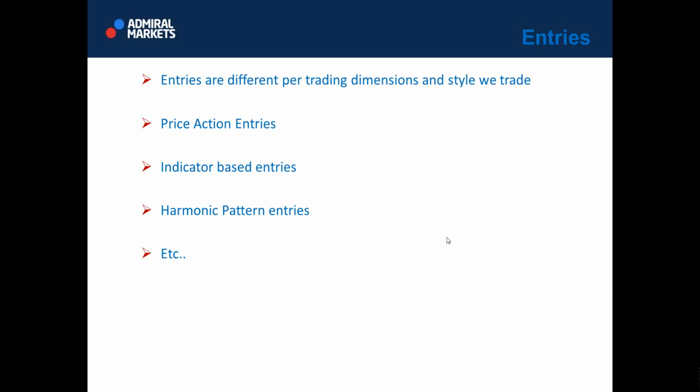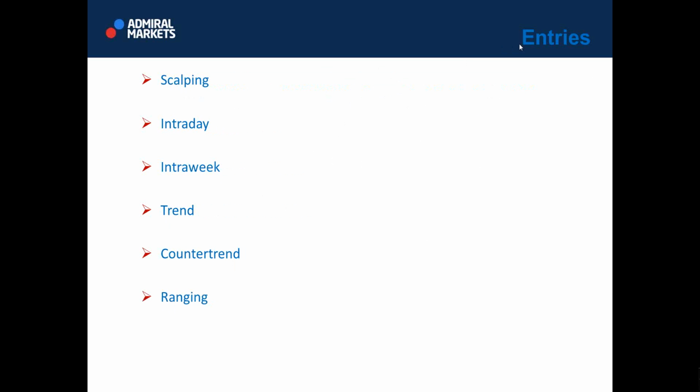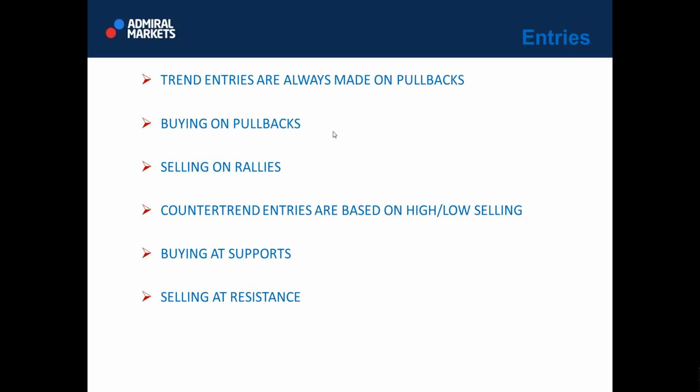So this is the basis. First you need to determine the dimension. If you want to trade price action, then you should enroll in a price action based course, or buy or invent a price action trading system. Then you need to determine whether you would go short term, intraday or intra-week. And after that you need to determine the style: trend trading, counter-trend trading, range trading.